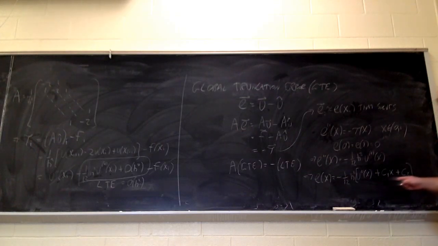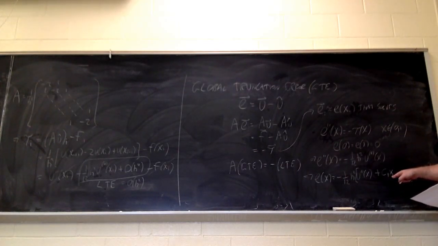So all I have to do is, for instance, when x is equal to 0, I need to make sure I get 0. So I'll have minus u double prime of 0. And then if I choose x equal to 1, I have to make sure that everything cancels out.